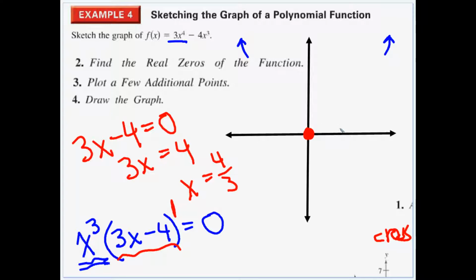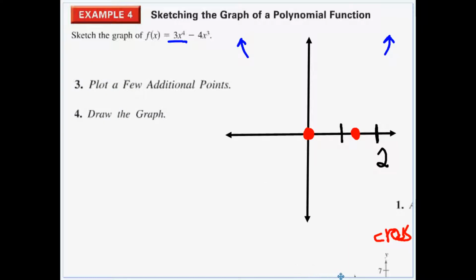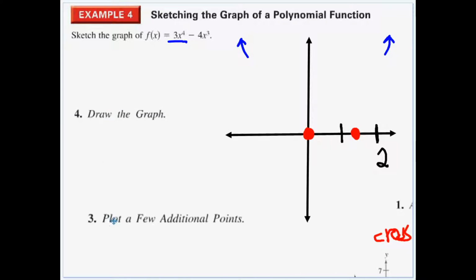So if I come over to my graph here, I'll make this 1 and this 2. And we're going to cross the x-axis at about 1 1/3. So there's our zeros. Step 2 was find the zeros. Now it does say plot a few additional points. Let's see if we can find some easy ones.